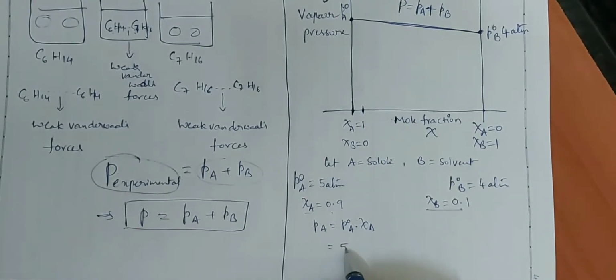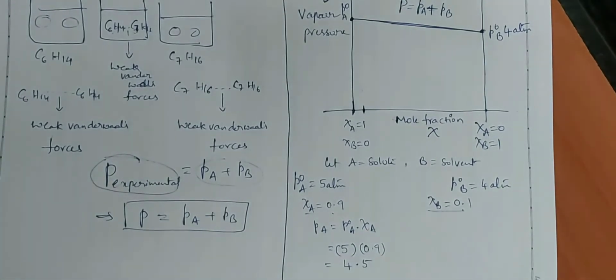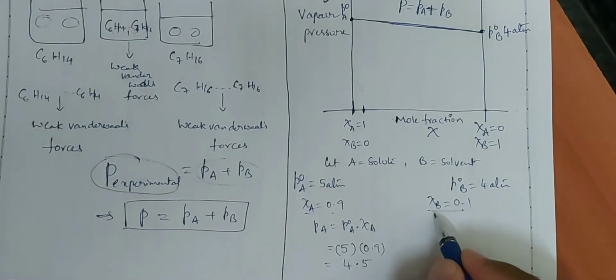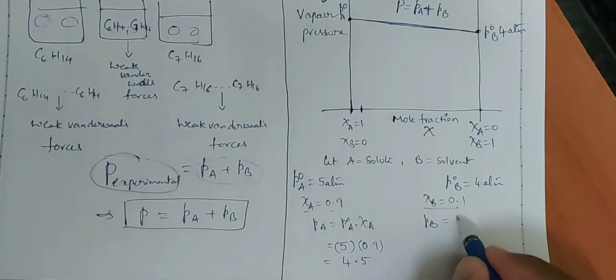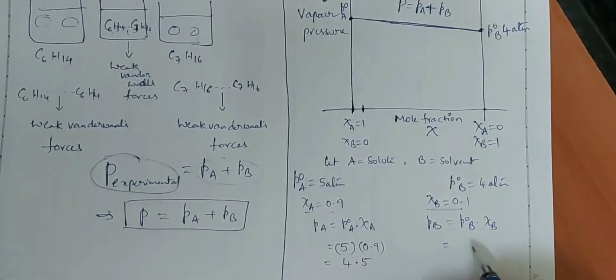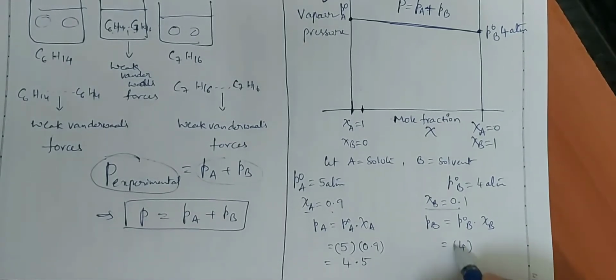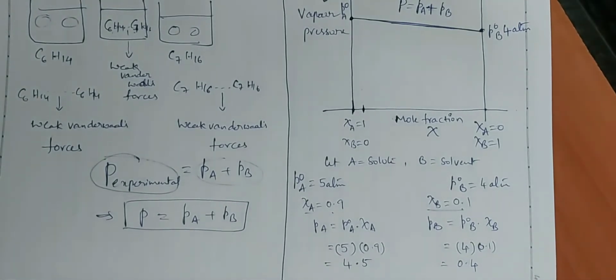P naught A value is 5 into chi A value 0.9, which is equal to 4.5. Coming to this one, PB is equal to P naught B into chi B. P naught B value is 4 atmospheres into chi B value is 0.1, which is equal to 0.4.